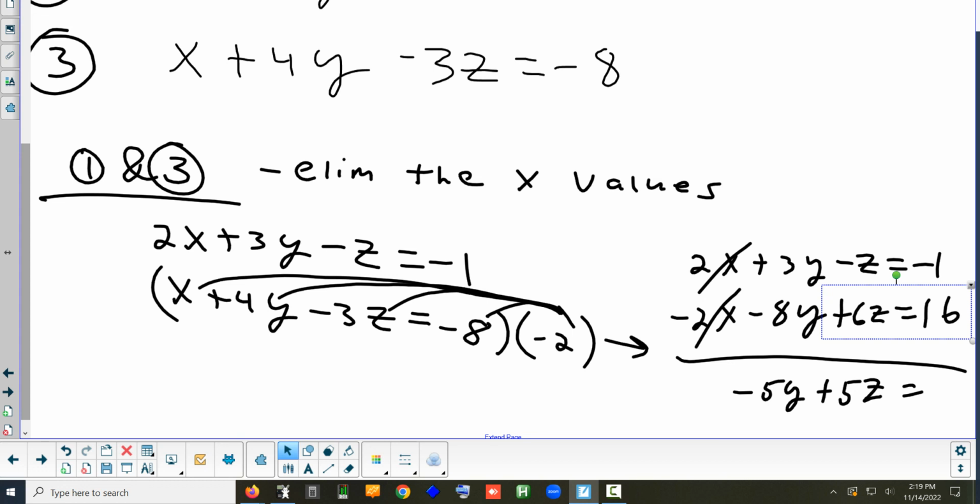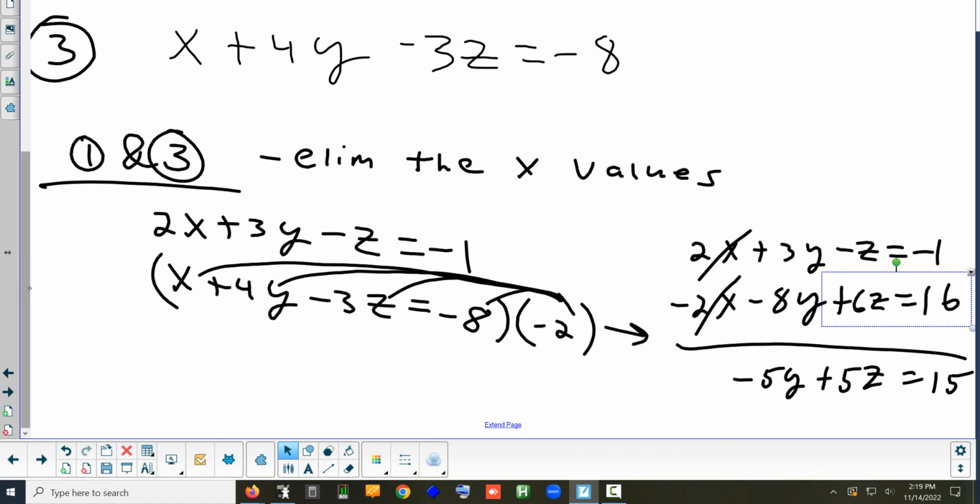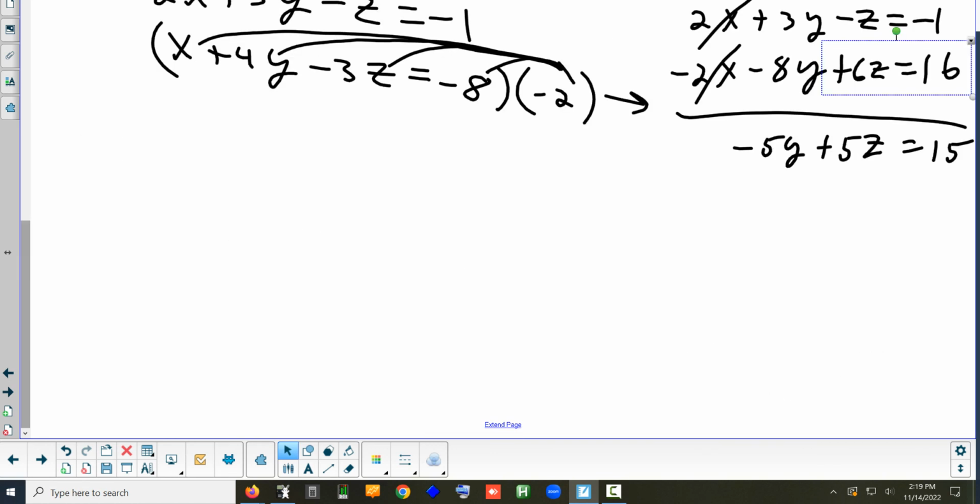And Curtis, what's negative 1 plus 16? 15. Now, something special happened here that doesn't always happen, but all those numbers are divisible by what? By 5. So if you want to divide them by 5 to make that equation simpler, you can.